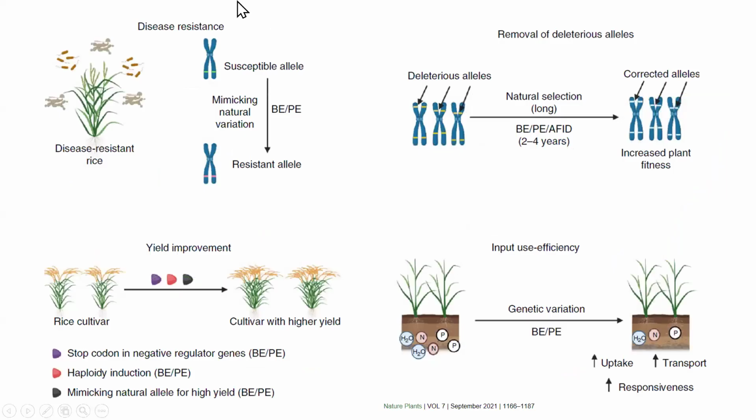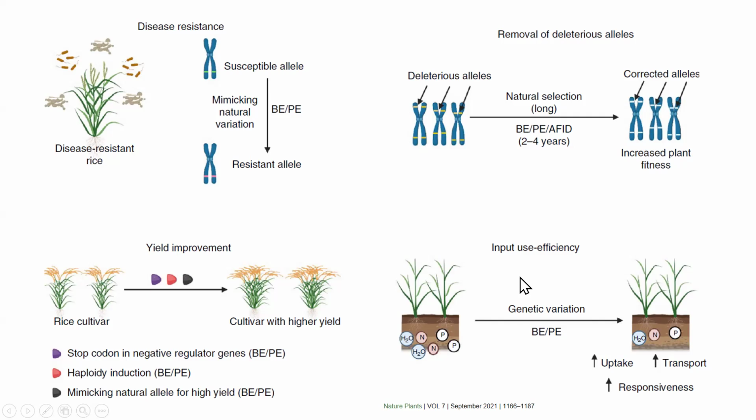Okay, and over the years, CRISPR has been used in crop plants for disease resistance, removal of deleterious alleles from the genome, and yield improvement, which is an important target. Another is nutrient use efficiency. We need to apply lots of fertilizer to grow the plant, but if use efficiency in the plant can be increased, then it would be very nice.